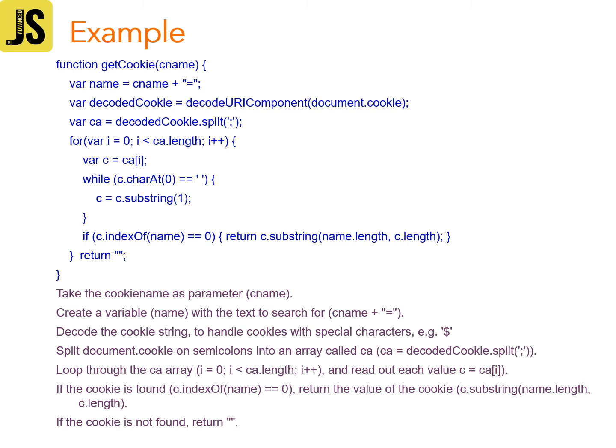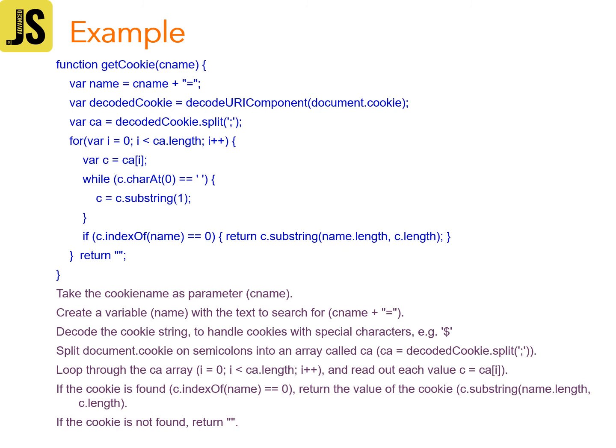Then split the document.cookie on semicolons into an array called ca. So the next statement is used for splitting the document cookie based upon the semicolons, and the split data will be treated as an array, and that array is called ca.